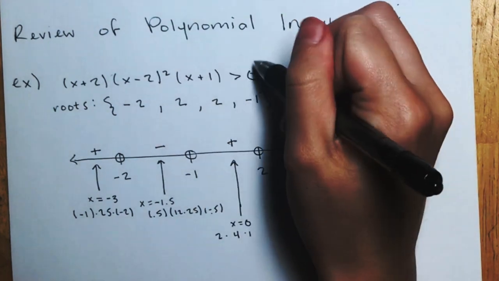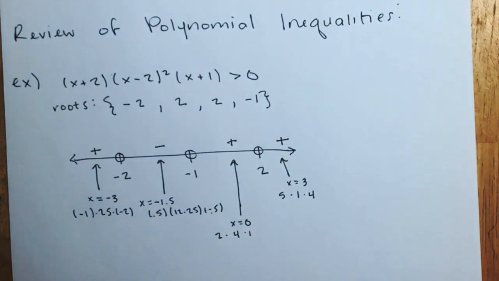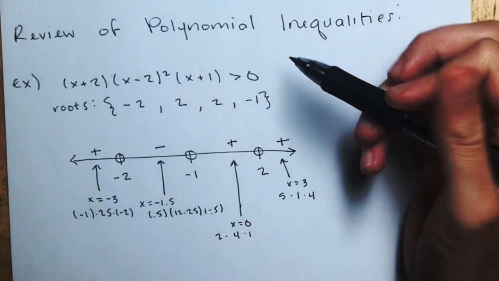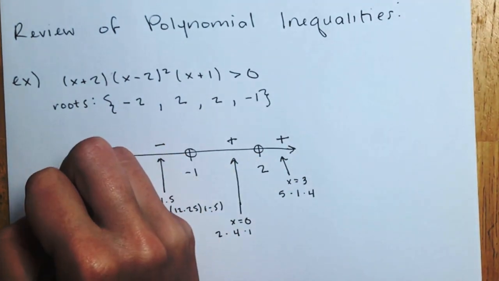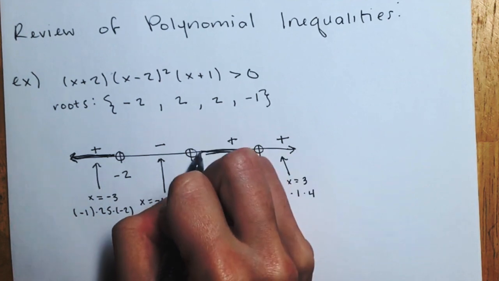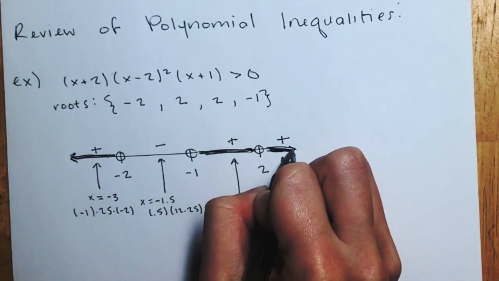So since we are greater than 0, how do we want to shade these guys? Remember, we're looking for greater than 0, so we want numbers that are positive specifically. So let's shade in the positive ones. All right, we've got to now write this in interval notation.